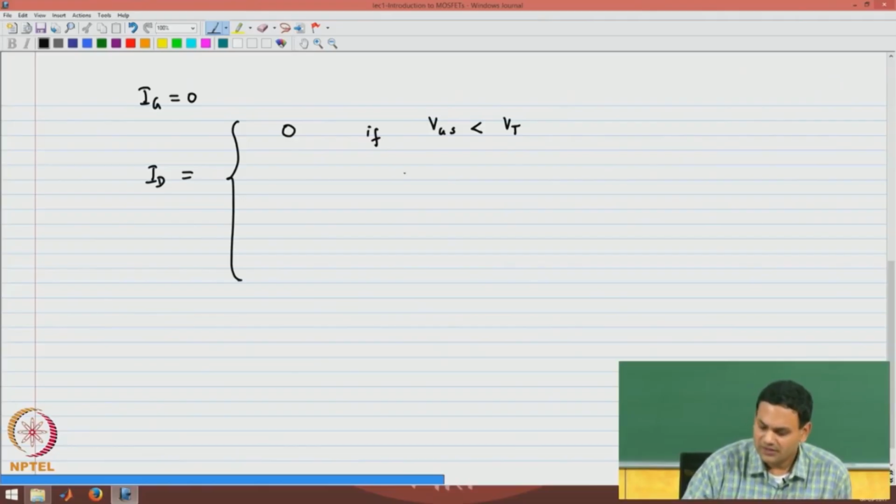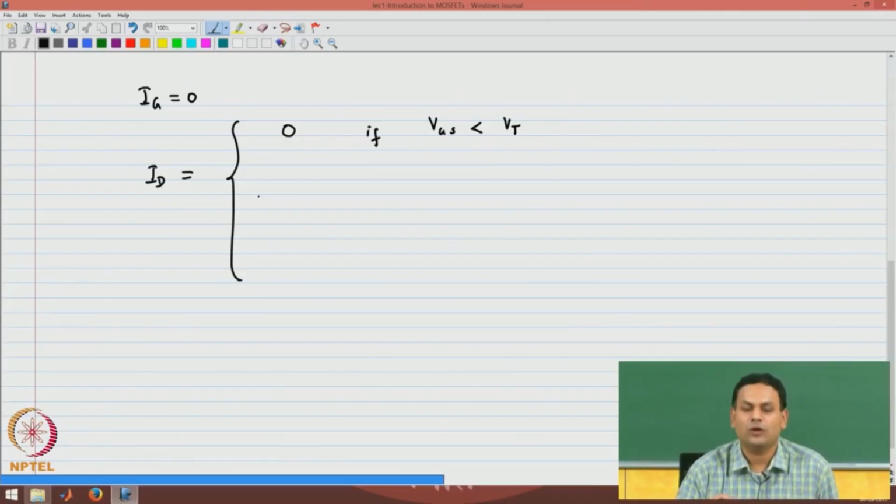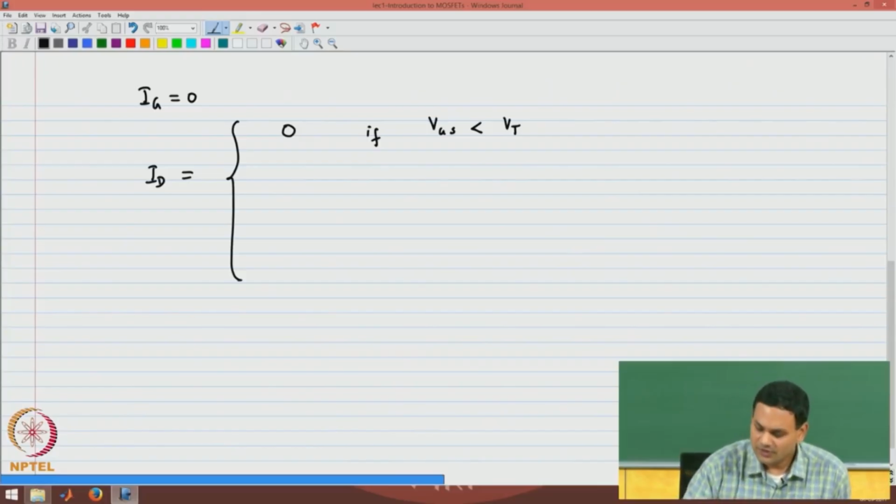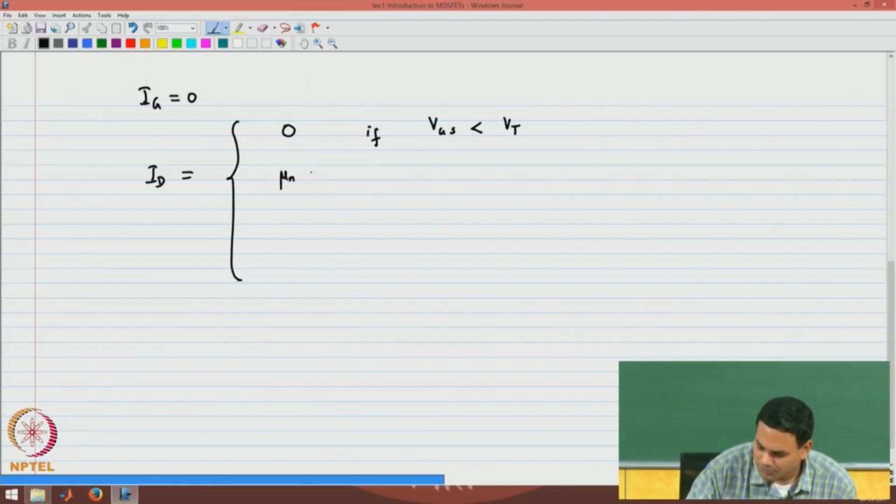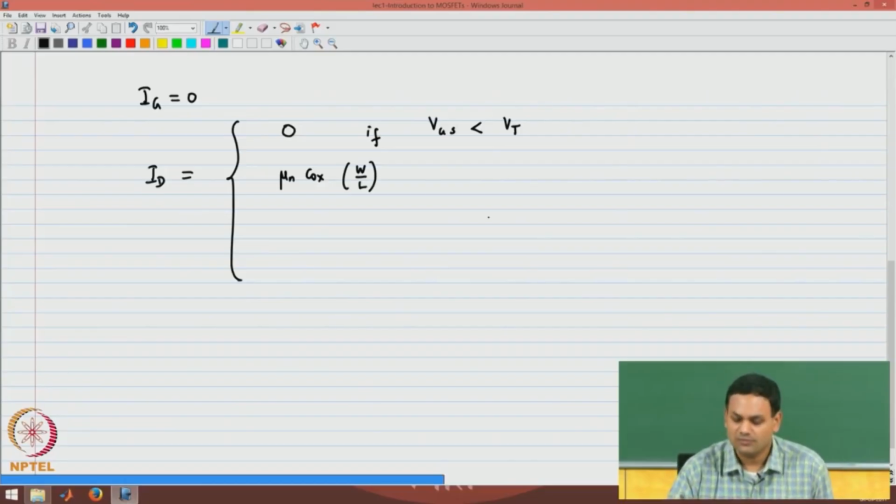And now, if the gate source voltage is larger, the device starts to conduct, and now it has two distinct regions. So, the current is given by this expression.